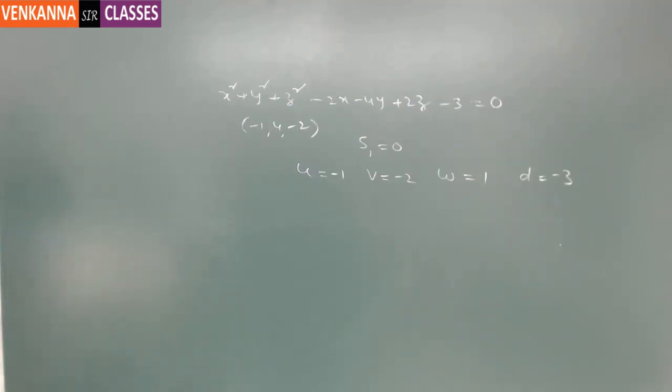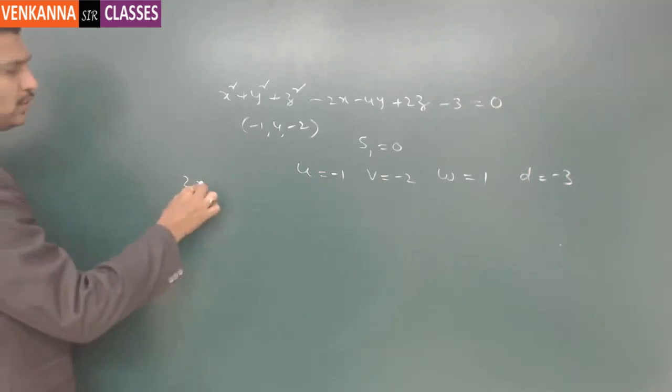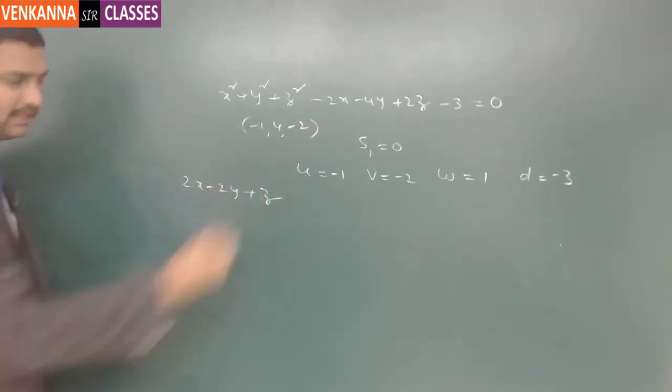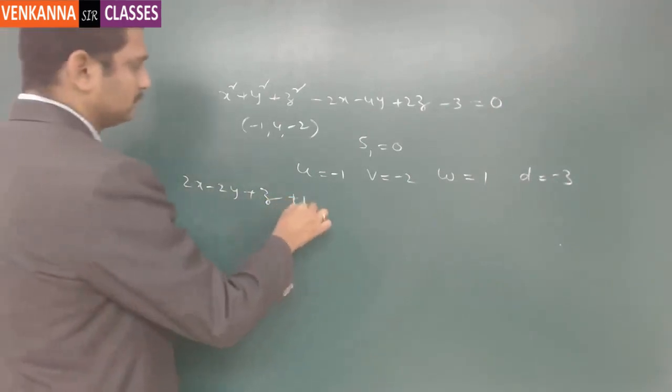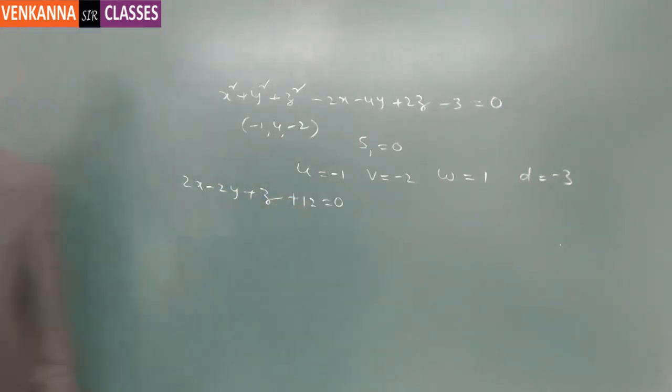I say that you will get the equation as 2x minus 2y plus z plus 12 equal to 0. So please check on that. Everyone, please confirm your answer. Have you arrived at this plane equation or not?